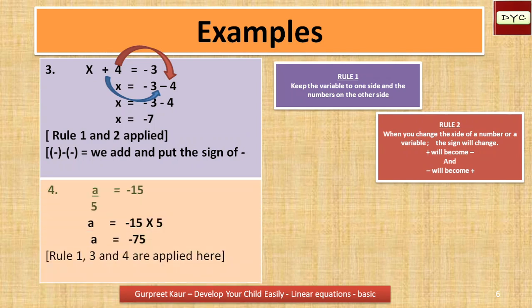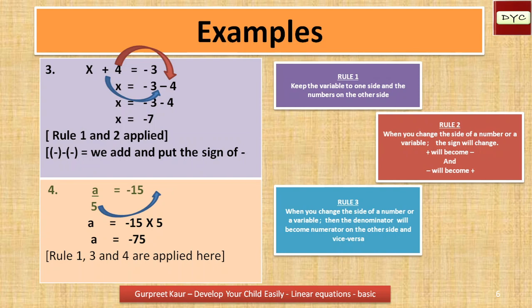Now the last question, last example, here is in the form of a fraction. A upon 5 is equal to minus 15. So as per the rule, we have all clear now. What I will do? I will take 5 to the other side. 5 is in the denominator, so it will become numerator. So A is equal to minus 15 multiplied by 5.